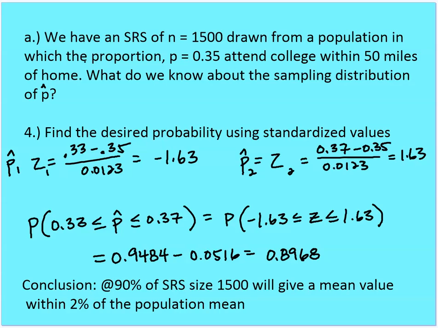So all we're doing is trying to figure out, based on the sample size, what percentage of the samples of size 1,500 will give us a proportion between 0.33 and 0.37 when we know that the population proportion is 0.35. All right, and we get about 90% of the samples. So only 10% of samples would fall outside of 0.33 to 0.37.